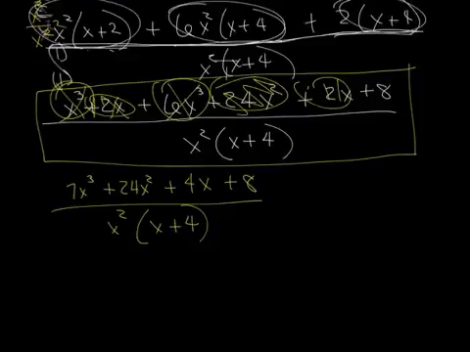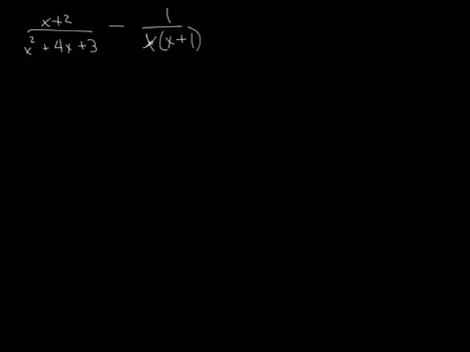So let's look at one more and we'll be done. Okay, so this is example 27.3. This one is another one of those that can be a little tricky unless you recognize that this can be factored.